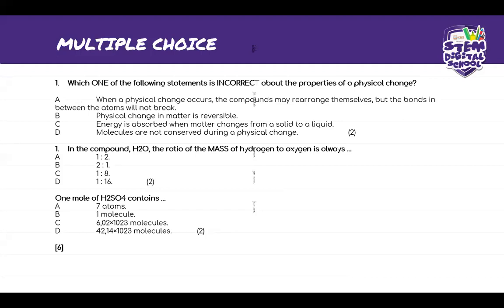And D, molecules are not conserved during physical change. So what did you guys get? Please send me your answers now so that we can see how many of you understood this question. You just write A, B, C, or D.